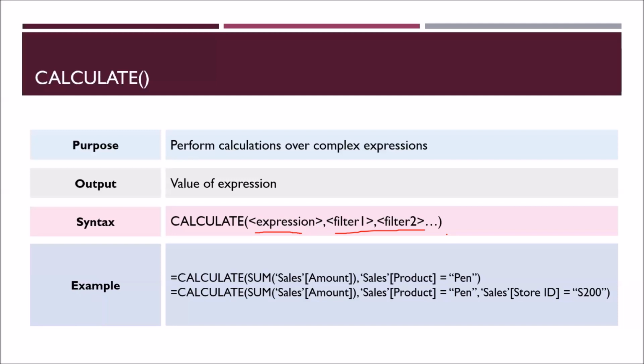If I look at the second example, here I'm applying my filters first before evaluating this expression. So in a way, I can say CALCULATE makes use of filter context. In simple terms, the CALCULATE function can be used whenever you want to apply multiple filters.